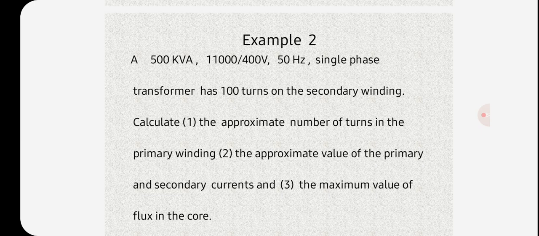Calculate, first question, the approximate number of turns in the primary winding. Second question, the approximate value of the primary and secondary currents. And third, the maximum value of flux in the core.